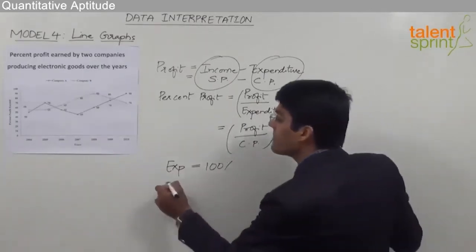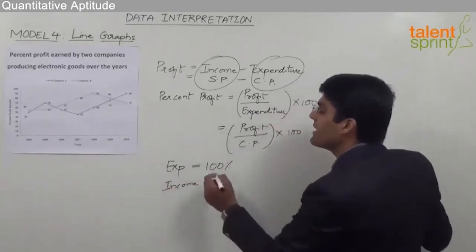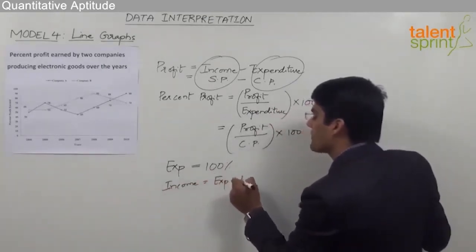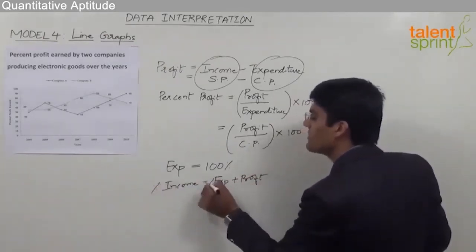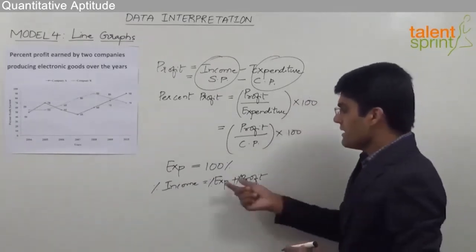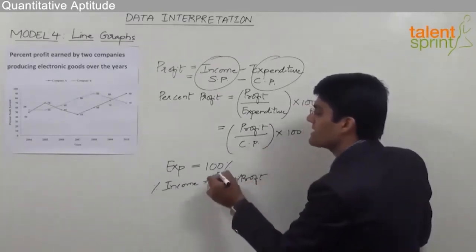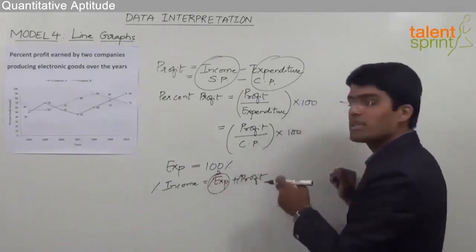And now the income, which is equal to selling price, can be taken as expenditure plus profit. So in terms of percentage, we can say that percentage of income will be percentage of expenditure plus percentage of profit. Let's say the expenditure in terms of percentage is 100 here. So percentage of income will be 100% plus profit percent.